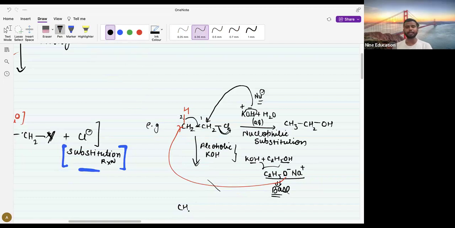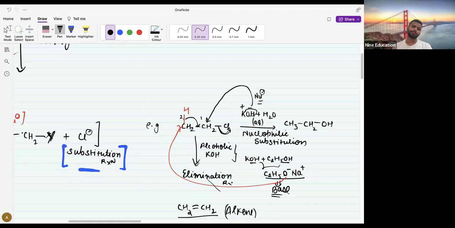It makes CH2 double bond, which is known as an alkene. So once alkenes are made, these reactions are called elimination reactions.